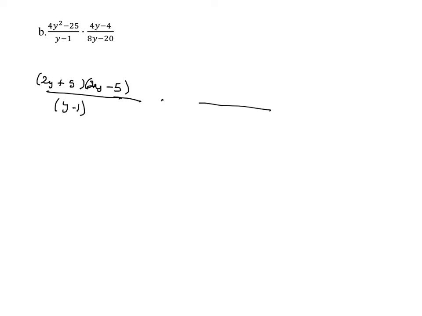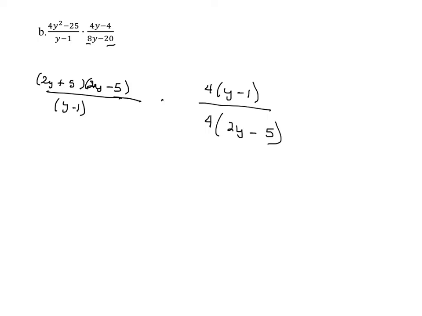Perfect. Now this one over here, just take a common factor out. Don't forget about common factors. And then the denominator, pull out a common factor of 4. In fact, you want to pull out the greatest common factor. Notice that 8 and 20 have a common factor of 2 as well, but you want to pull out the biggest one. So you're left with 2y minus 5.